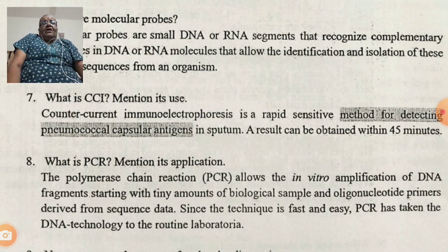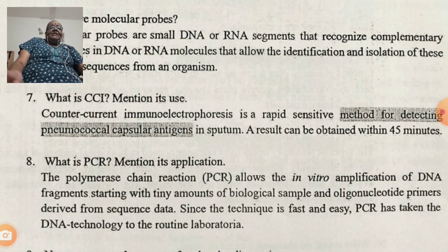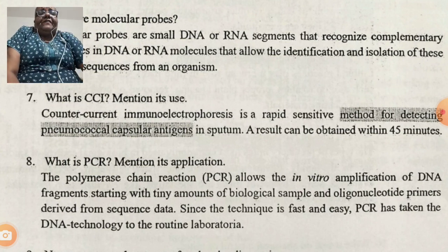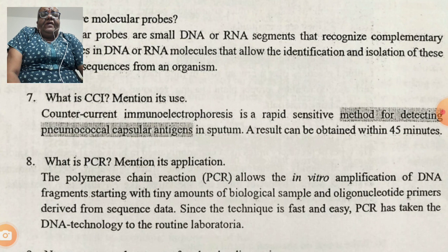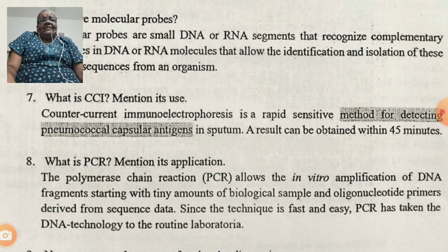Pneumococcal infections are normally contracted in the lungs, so if the sputum is subjected to this test, you can find these capsular antigens, and this is a very rapid test. Results can be obtained within 45 minutes. So this is the significance of CCI. It's a type of electrophoresis, countercurrent electrophoresis.